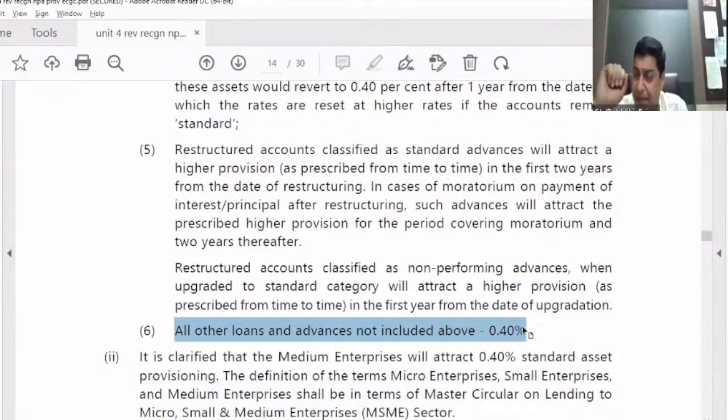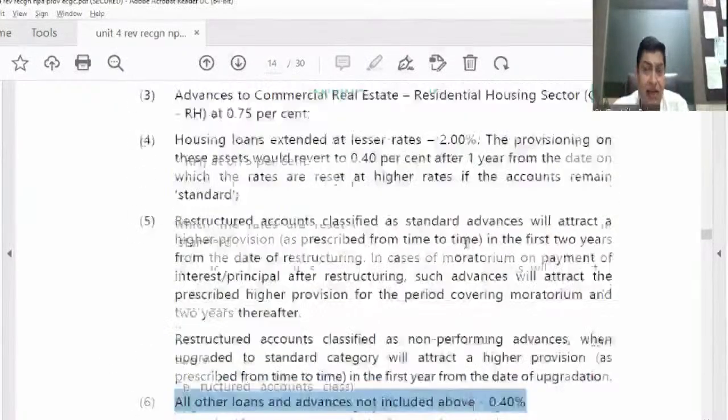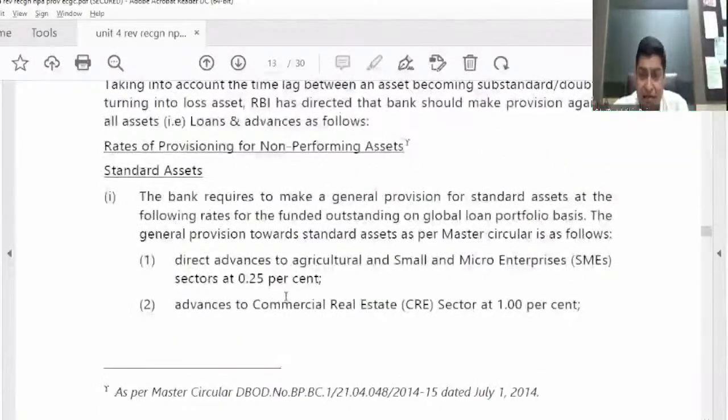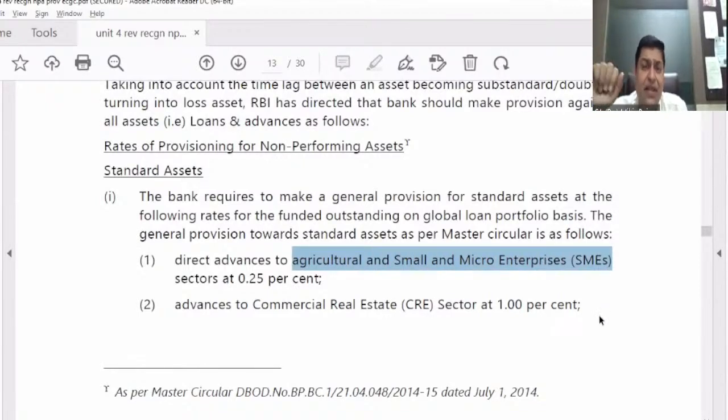So you can say, sir, if it is a standard asset, then please let me know whether it is an agriculture advance or an SME advance. If it is agriculture or SME advance, then the percentage of provision is only 0.25 percentage.